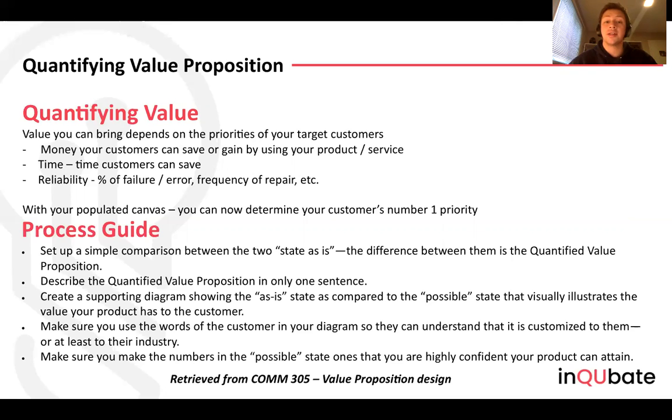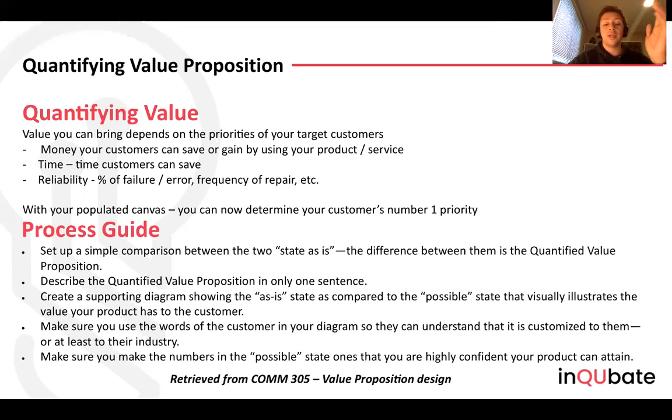And there's a simple process guide to do this. The first thing is you want to set up a simple comparison between the 2 states. The difference between them is a quantified value proposition. You have your state on the left for your value map and your state on your right for the customer segment. When these 2 states are the same, then it actually will have value. You have to describe this quantified value proposition in only 1 sentence.